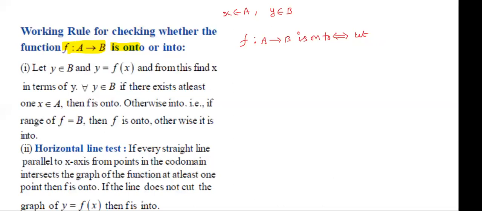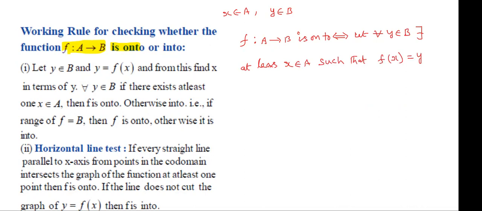For all y belongs to B, there exists at least one x belongs to A such that f(x) equals y. This is the mathematical definition of onto.